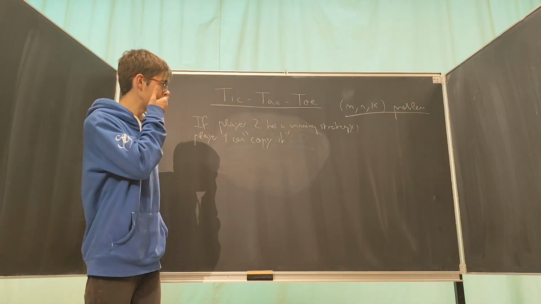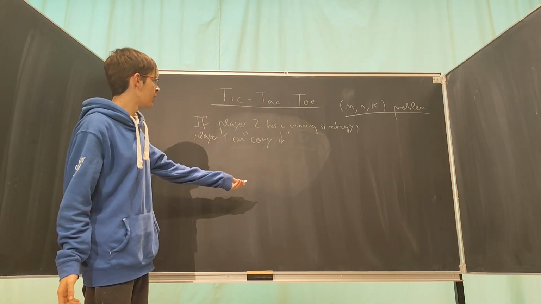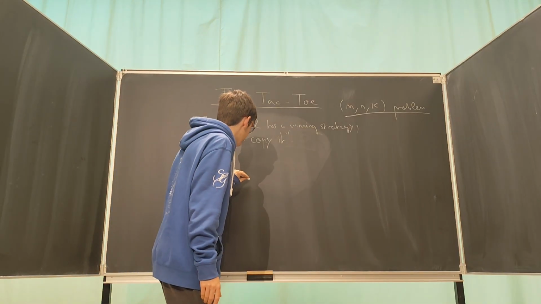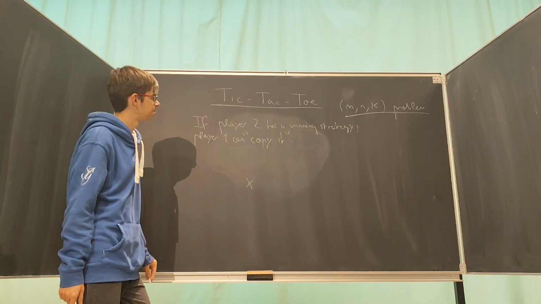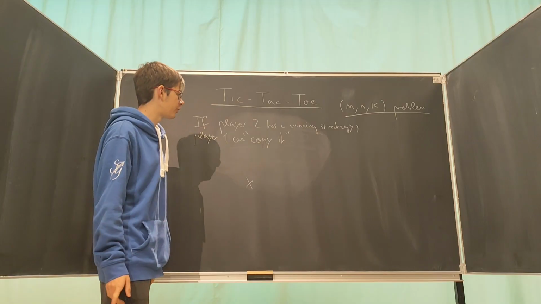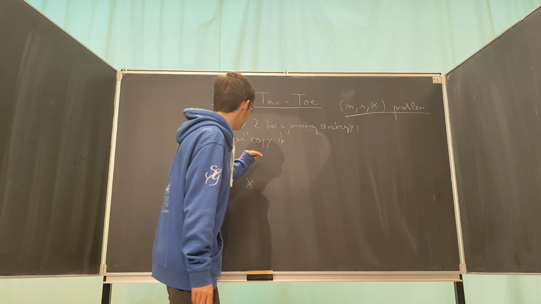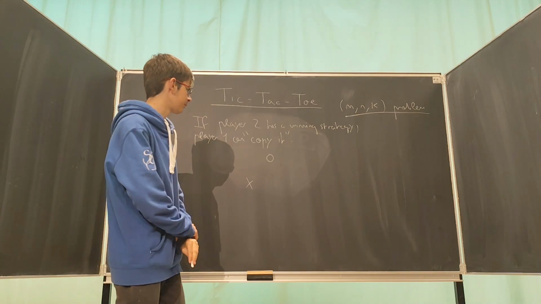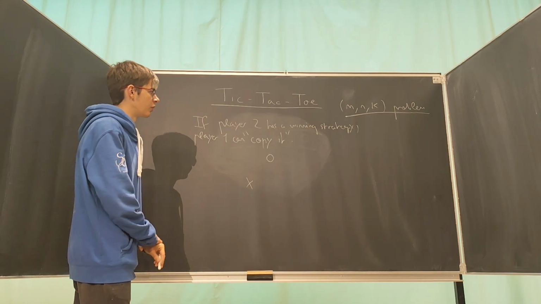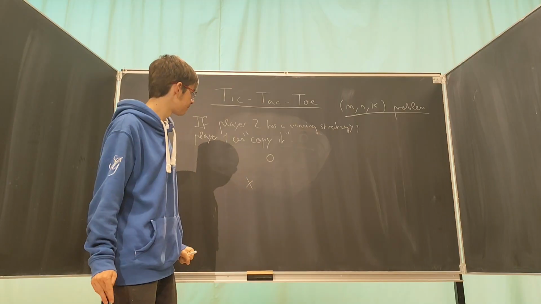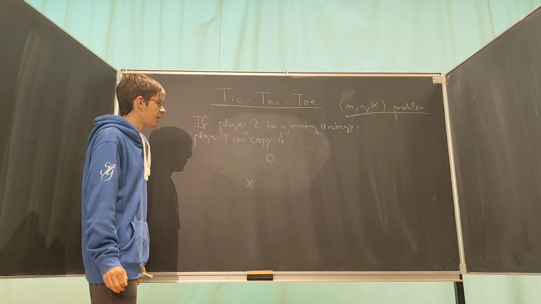How does player 1 do so? Well, basically, let's say player 1 plays his first move anywhere on the board. Okay? Well, then player 2 is going to play a move, which is part of his winning strategy. Right?